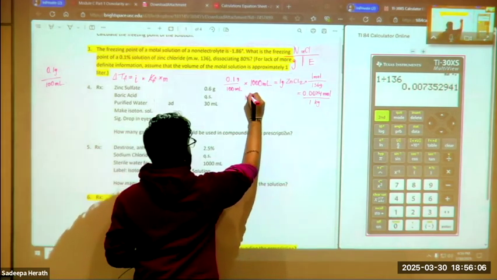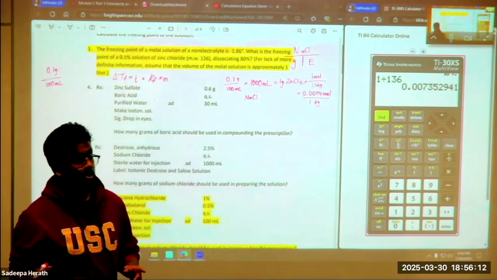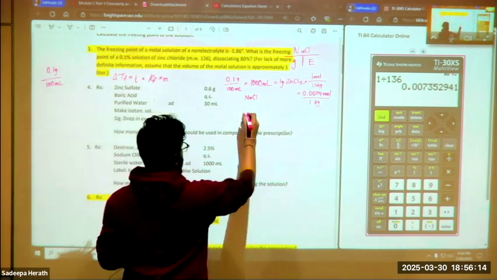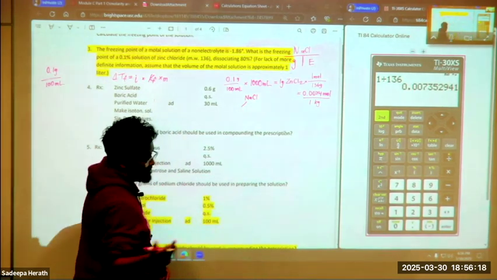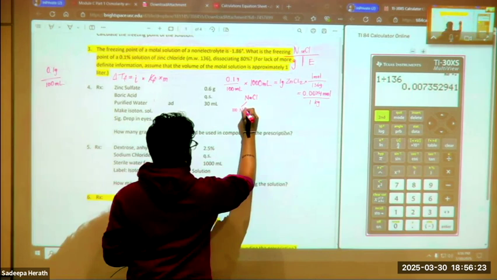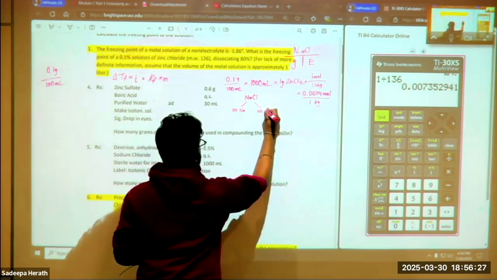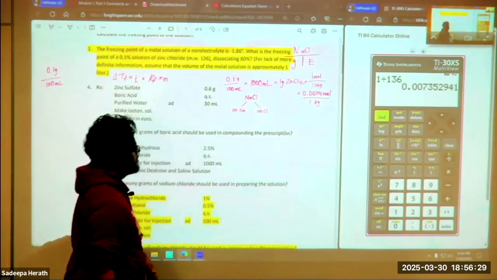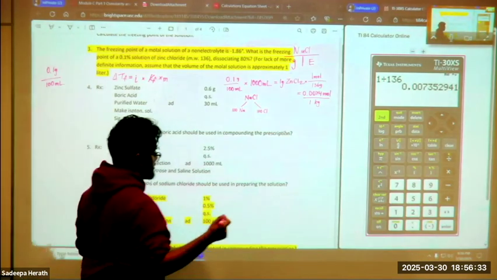So NaCl, right? If 100% of NaCl dissociates in water, that means there's going to be 100 parts of Na and 100 parts Cl. So how many parts total now, or dissociated parts total?